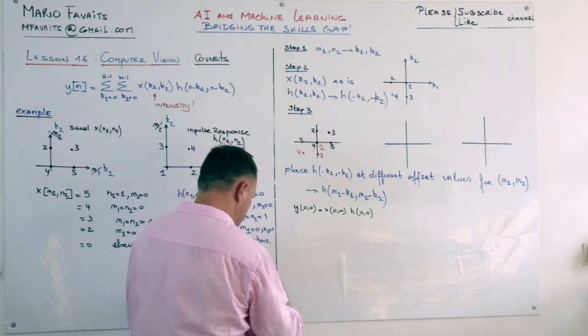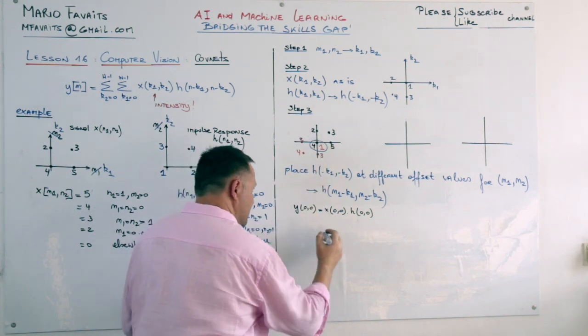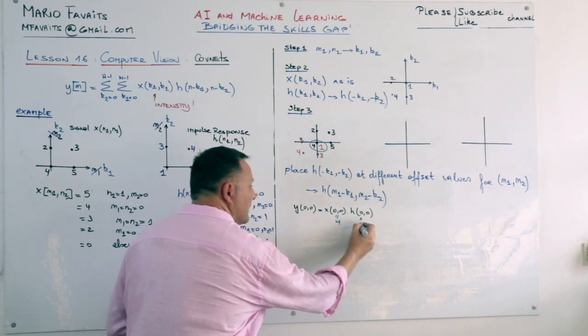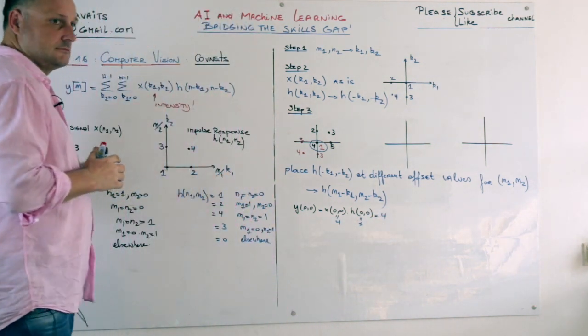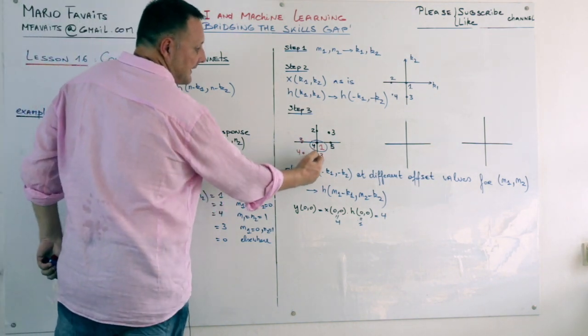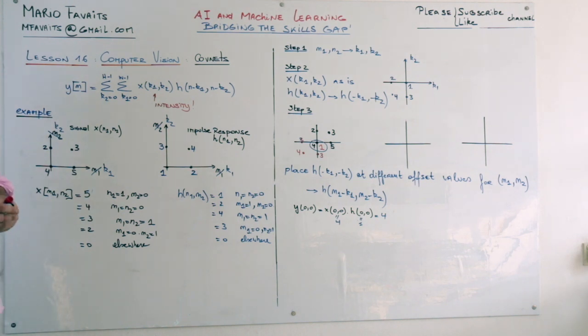Because there's only overlap here. So x0,0 is 4 and this is 1, so y0,0 equals 4. When we would have had it more to the left, convolution is 0 and does not contribute.